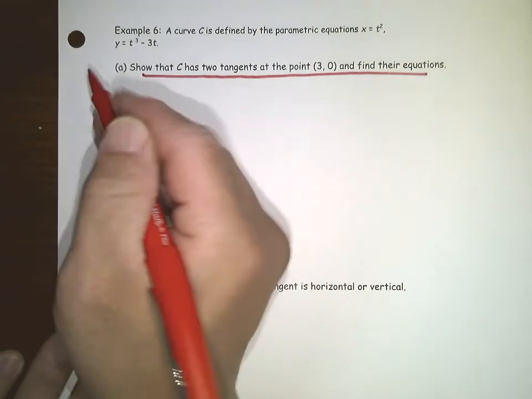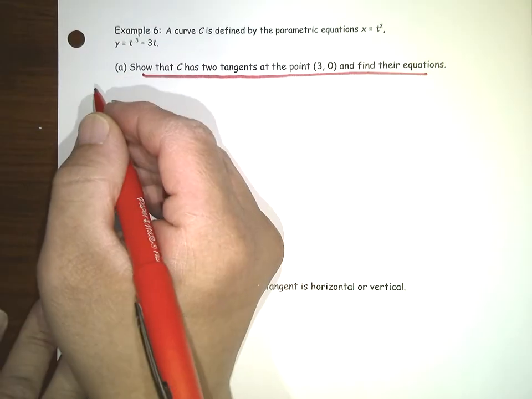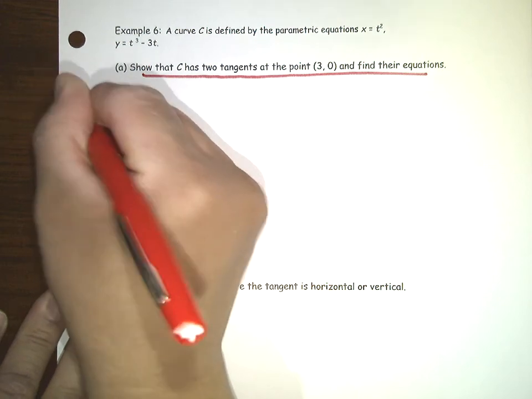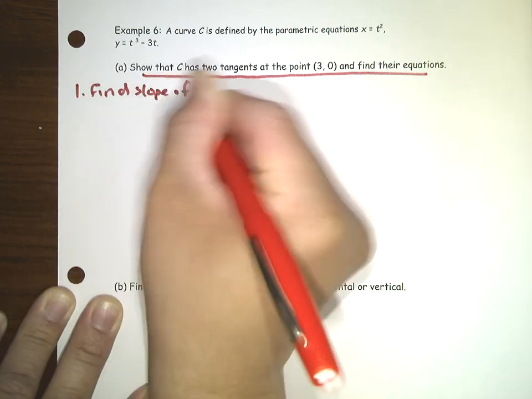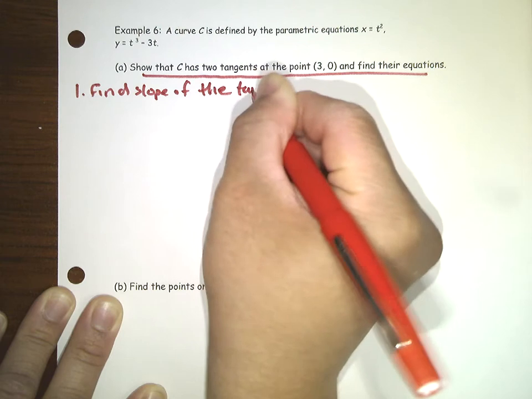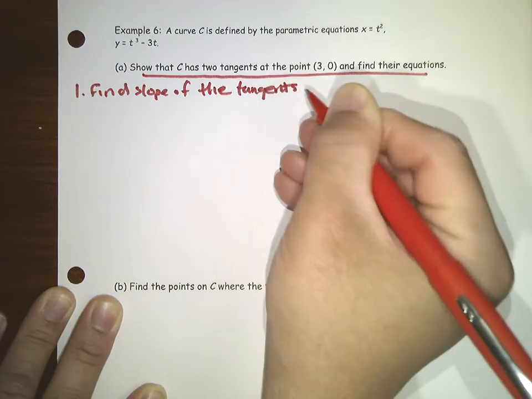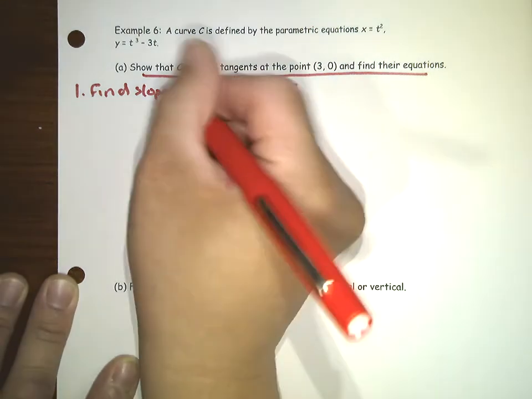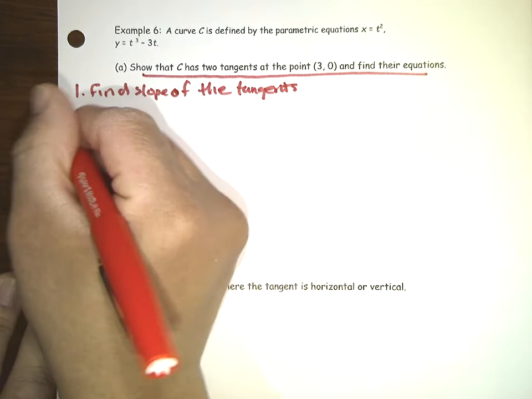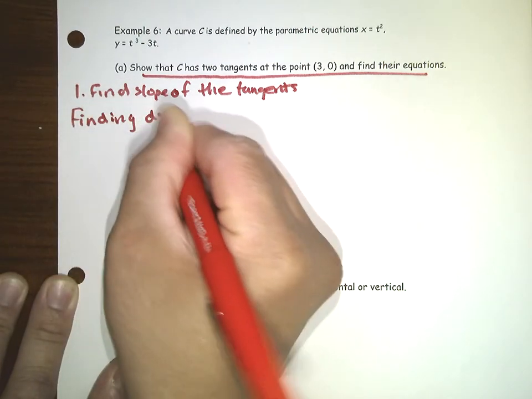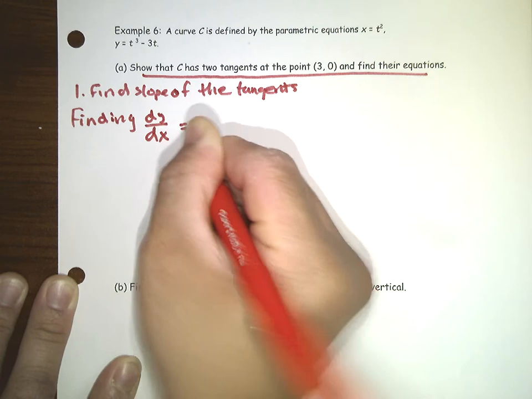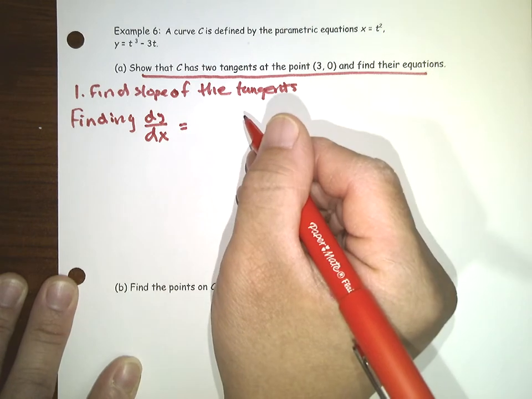First, we need to find the slope of the tangent. We know that will be the same thing as finding dy/dx.